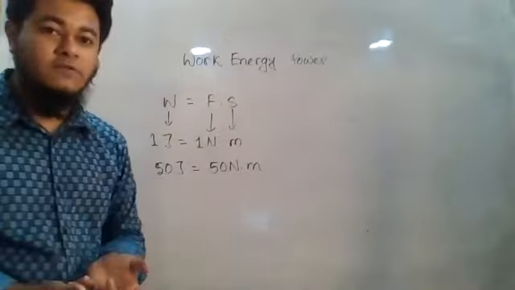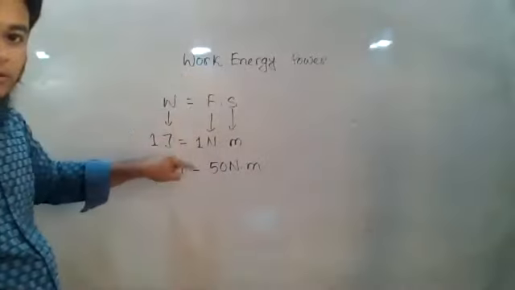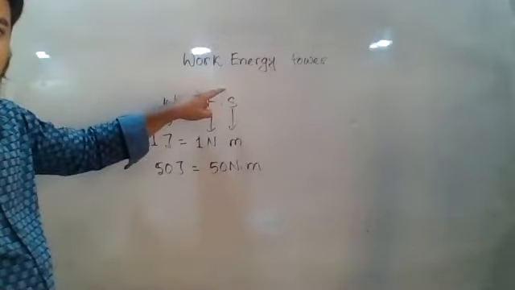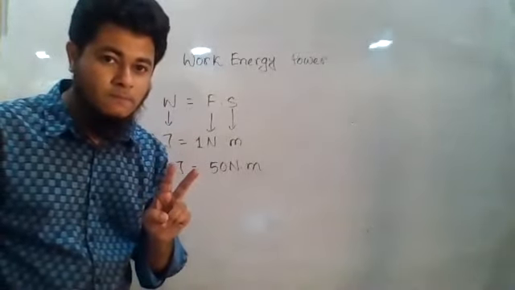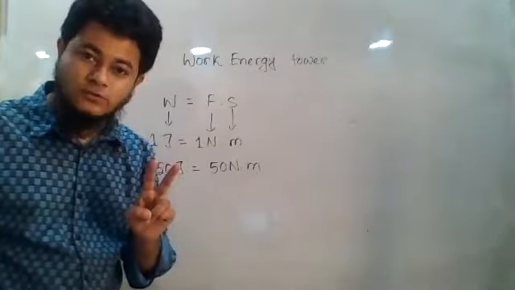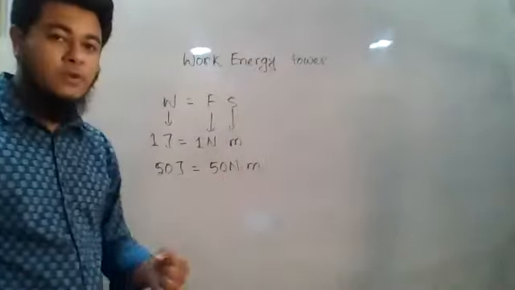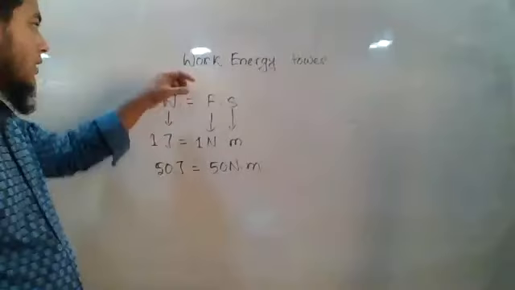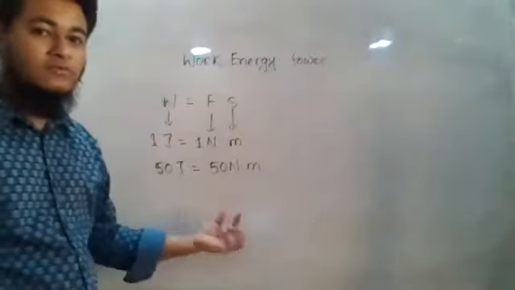I may put different values. Like if I apply 25 Newton force, then to get 50, the displacement has to be how much? 2 meter. Very good, because 25 into 2 will give us 50. Or you might put different values like 5 Newton and 10 meter. 5 into 10, it will be 50.